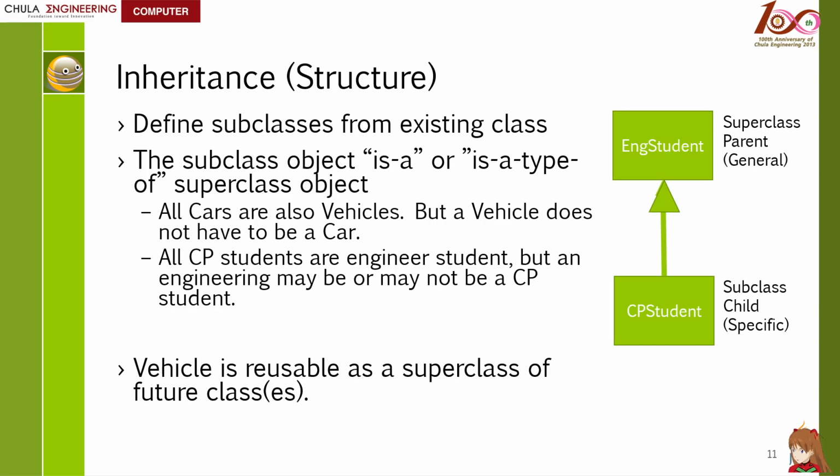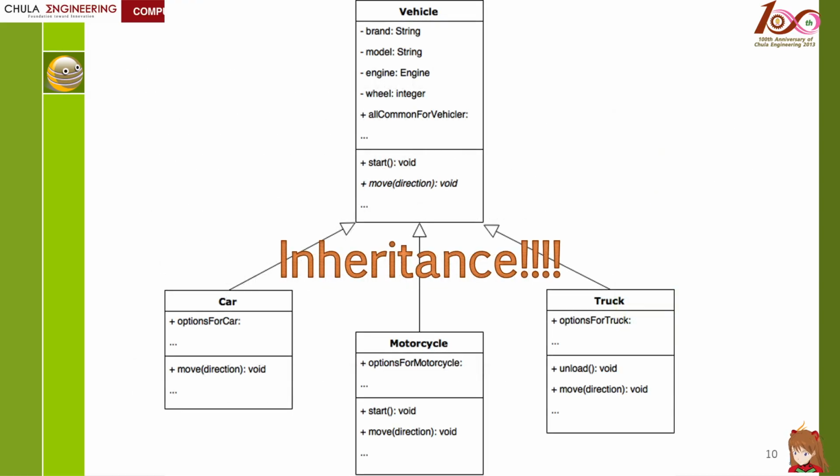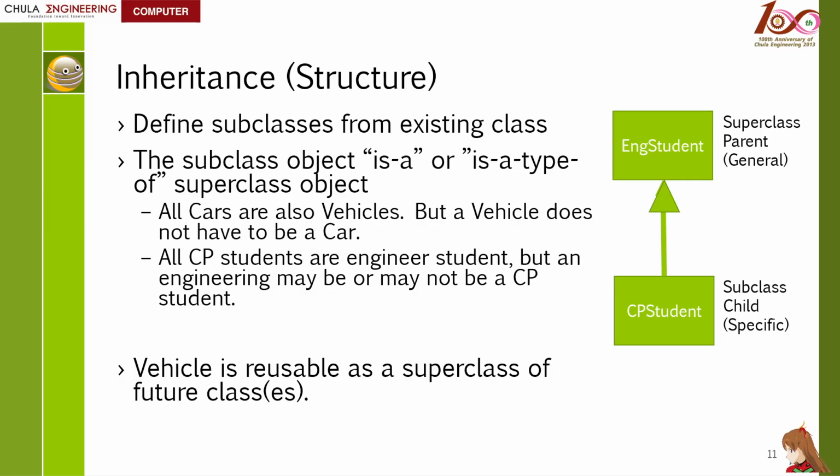But basically, we define subclasses like car, motorcycle, and truck. Alright? Define subclasses from an existing class, or from what we call a parent class. Alright? And in the example, the parent is class vehicle.